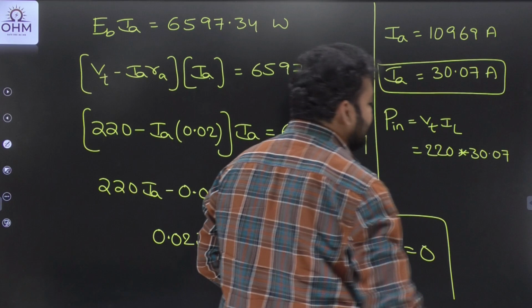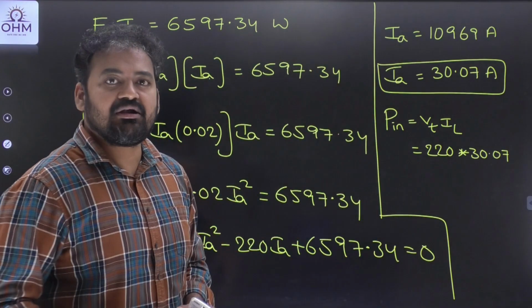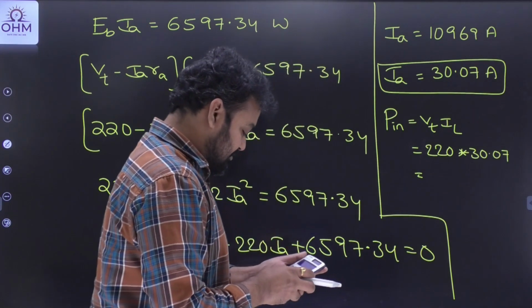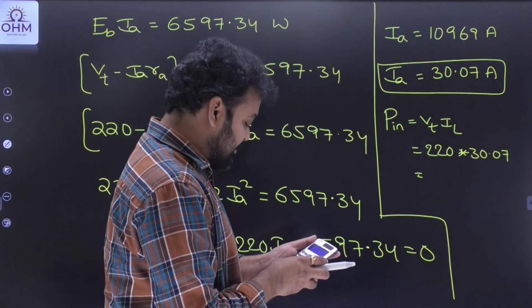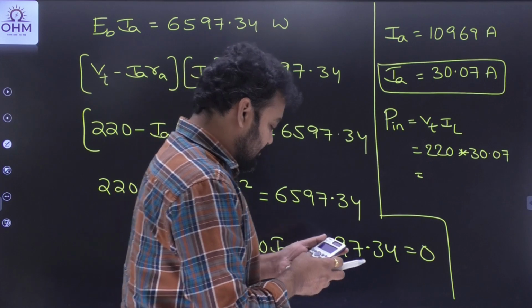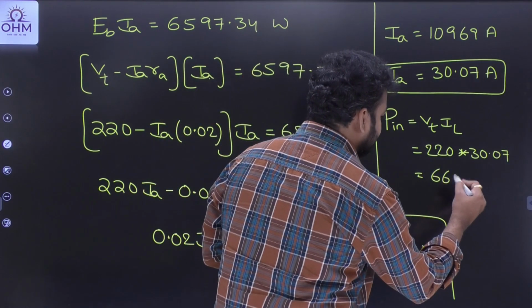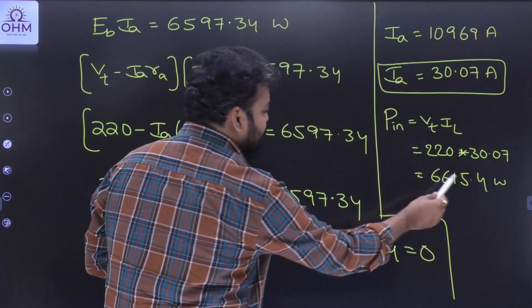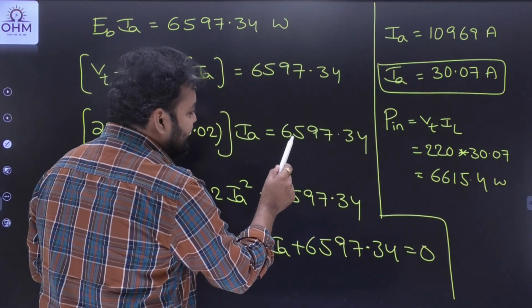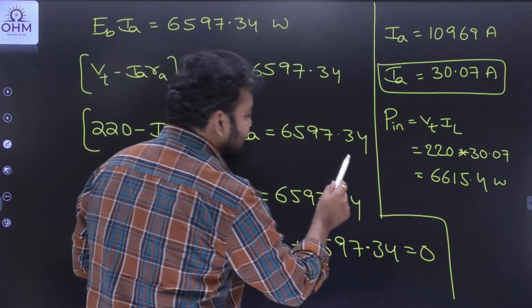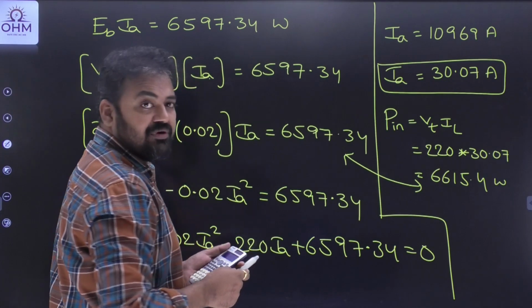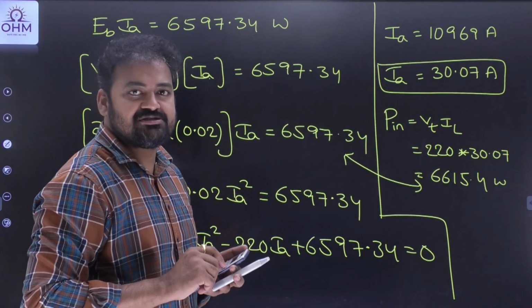Remember, it is a separately excited motor, so armature current and line current are the same. So I get input power, 220 into 30.07, which is 6615.4 watt. See, input power is 6615.4, output power is 6597.4. Can I say both are very close to each other? And also input power is more than output power. That gap is going to be the losses.